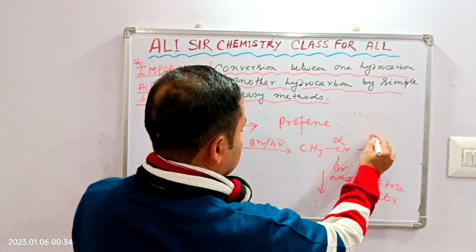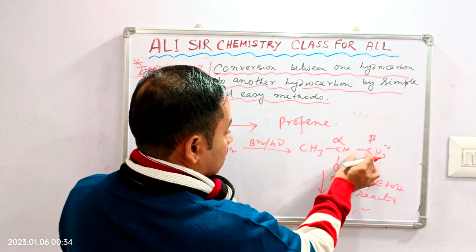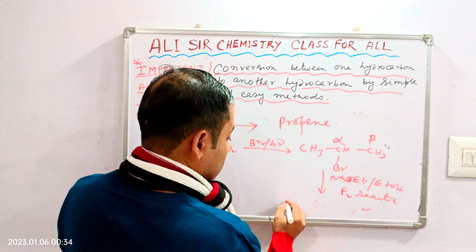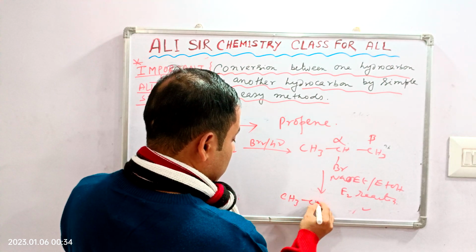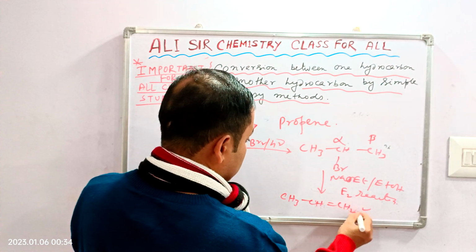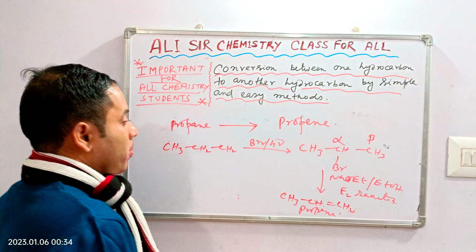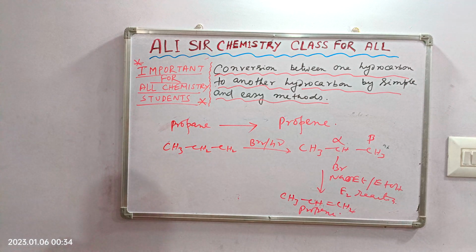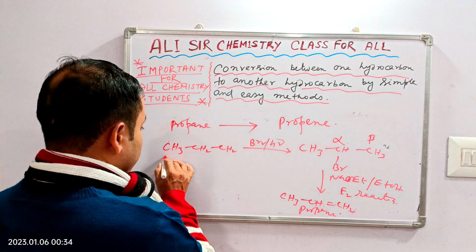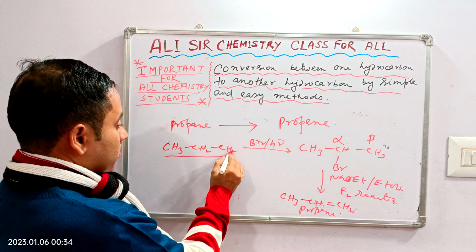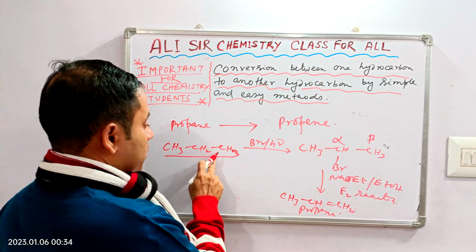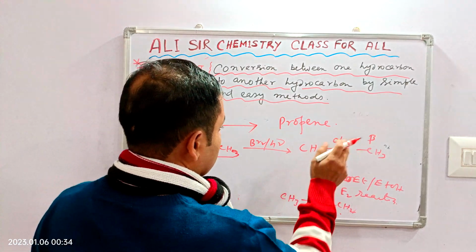This is alpha carbon, this is beta carbon, so the double bond occurs at the alpha-beta position. CH3, CH double bond, CH2. This is called propene. Okay. So in whatever example we have done, the number of carbon atoms stays the same. CH3, CH2, here 3 carbon atoms, here 3 carbon atoms.